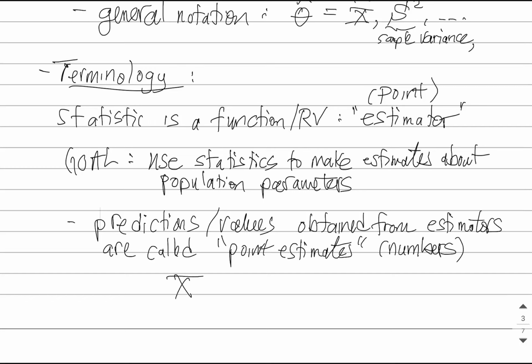So for example, the sample average is a function. So this is the random variable. It's a function, and it produces a little x bar. This is the estimate or the value.